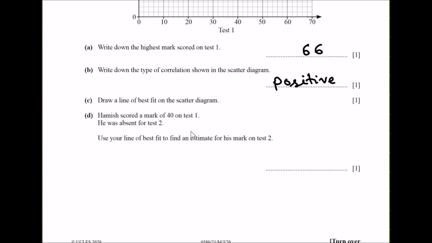Now it's part D. Hamish scored a mark of 40 on test 1. He was absent for test 2. Use your line of best fit to find an estimate for his mark on test 2.